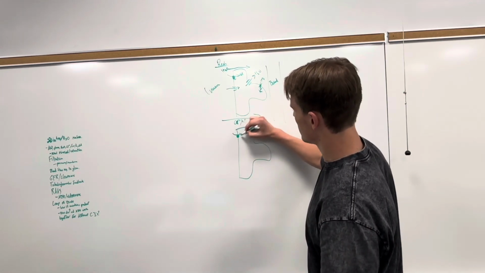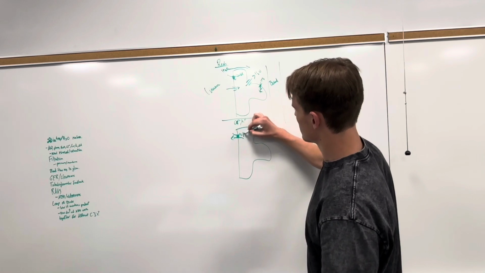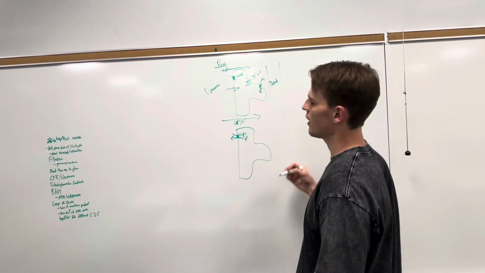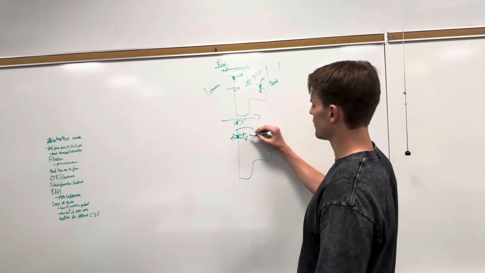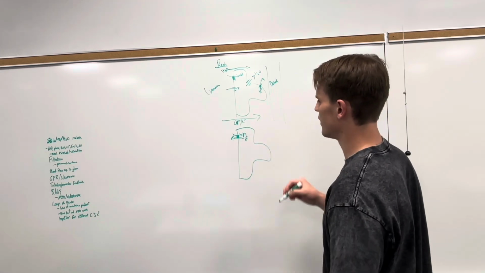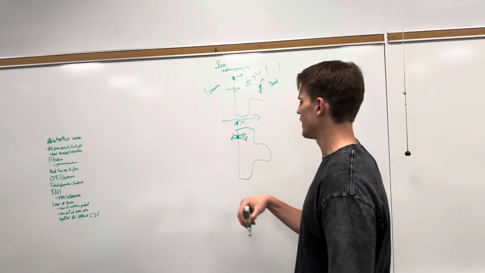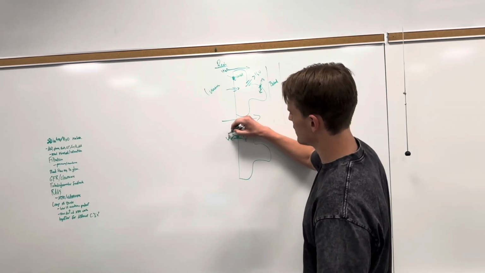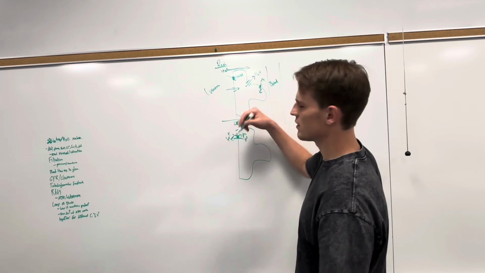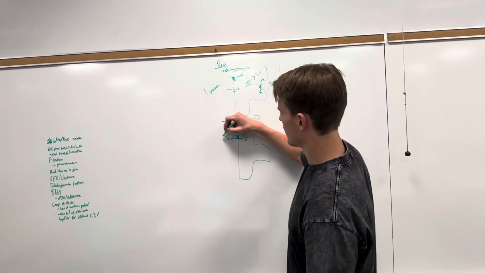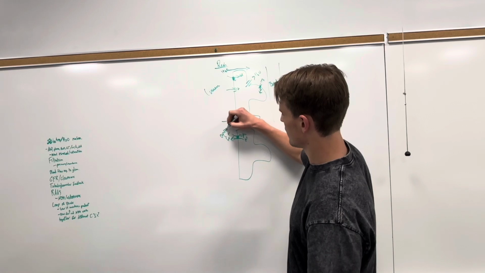So sodium comes in, right? We'll say this is sodium. We have hydrogen ions here, and these are acids. Sodium comes in, hydrogen is pushed out. What hydrogen does is it binds to anions. It could be HCO3, it could be whatever, but it binds to an anion.